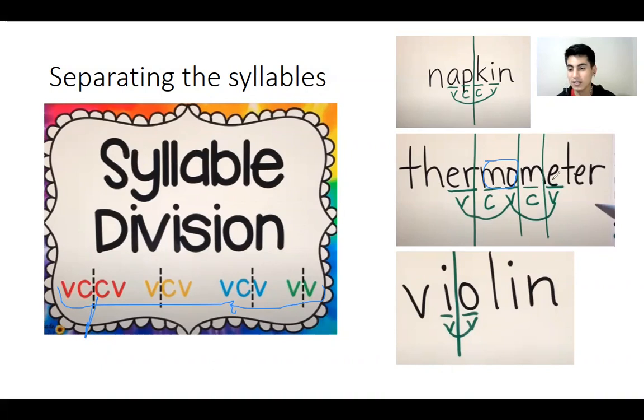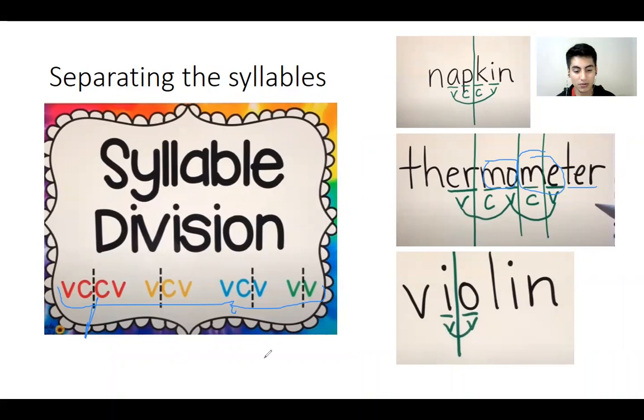And the second one, if you separate me, it's also going to be okay. Thermometer. But you don't say thermometer, right? You say thermometer, right? So what is going on here?